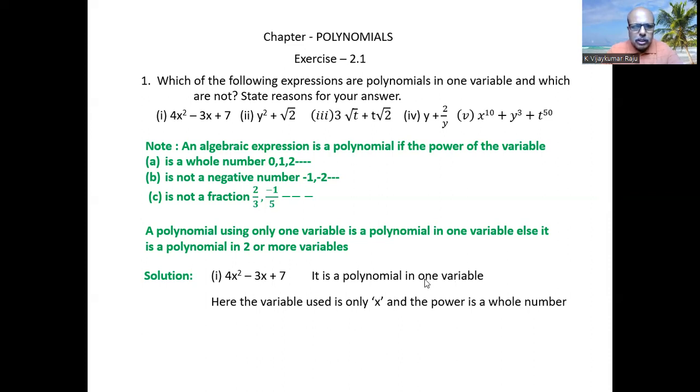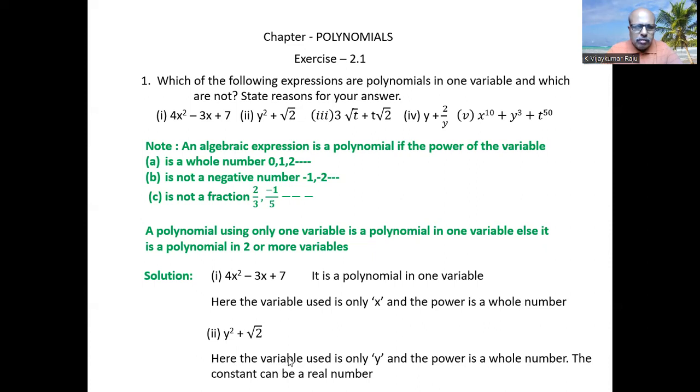Am I clear? Now let us consider the second question: y squared plus root 2. Here, the power of 2 is a fraction, since root 2 means 2 to the power 1 by 2, but it's not a variable, it's a constant. The variable is only y, and the power is 2, which is a whole number.